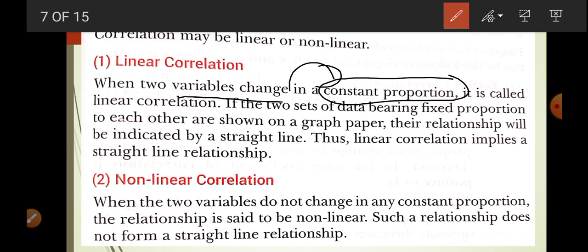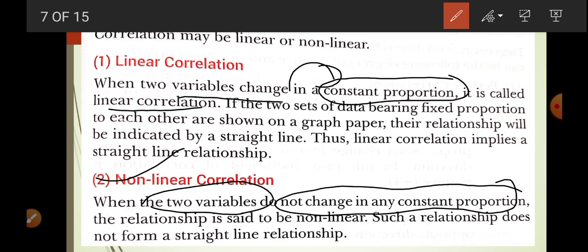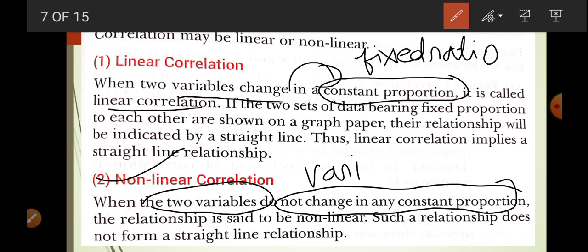Non-linear is when two variables are not changing in constant proportion, that is, they change in different, variable proportion. In one case a fixed ratio, and here a variable ratio.